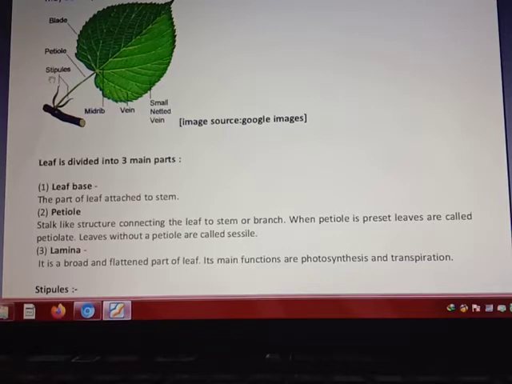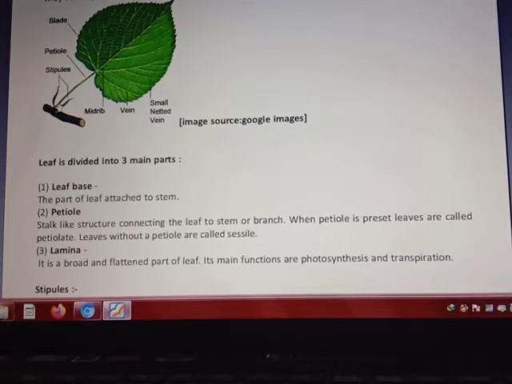Then the second point is the petiole, this one. It is a stalk-like structure, and basically it connects the leaf to the stem, and the whole leaf structure is connected by the petiole to the stem.